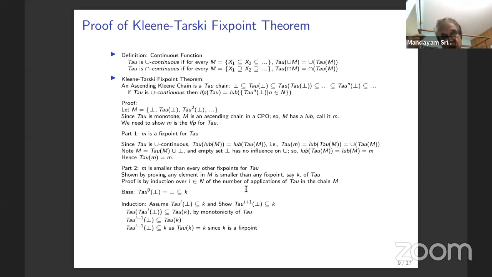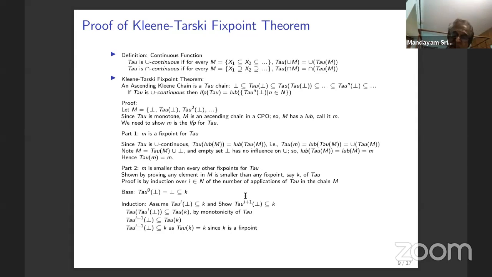And very importantly, linear iteration can be used to compute the least and greatest fixed points: in the case of the least fixed point, as the limit of an ascending tau chain, and in the case of the greatest fixed point, as the limit of a descending tau chain.